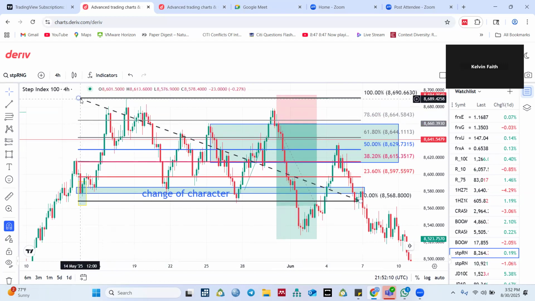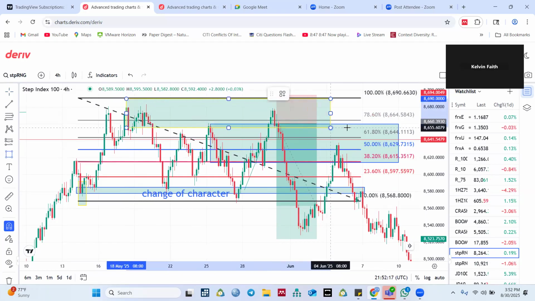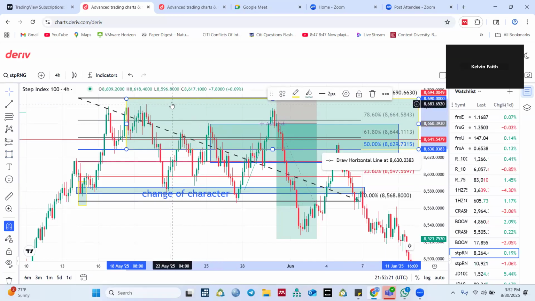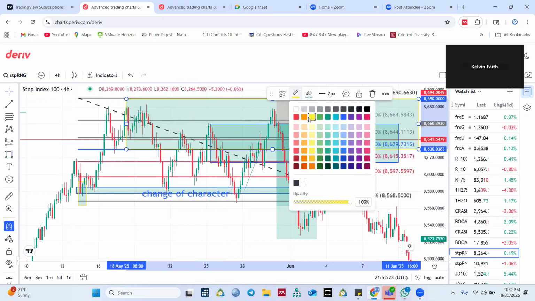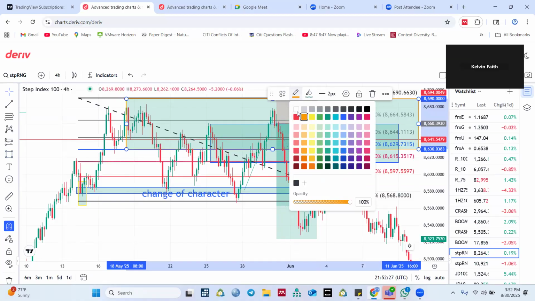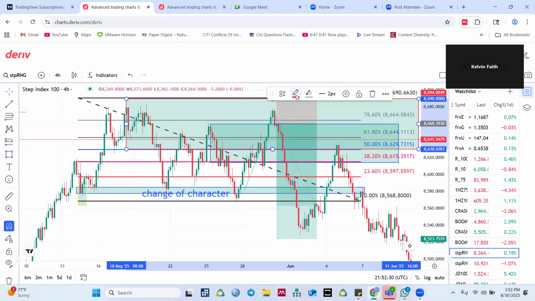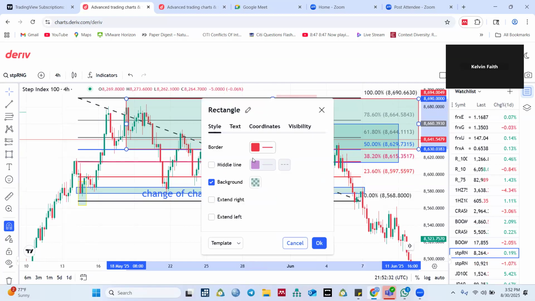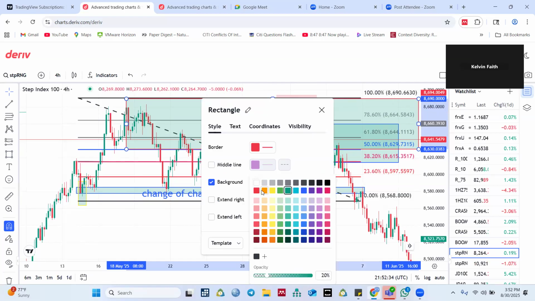So we have two areas of interest now. First, we have this whole area up to the 50% zone that I can color as, let's say, red. Give it a red color.